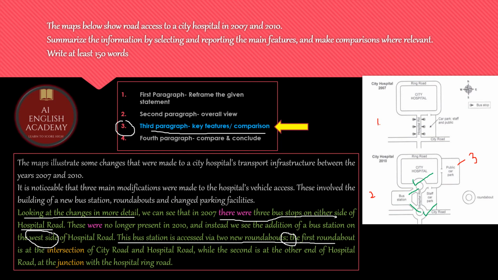And then at the junction with the Hospital Ring Road. So concentrate on this sentence once again. You can notice that in one sentence we have talked about the three roads. We have talked about the City Road, we have talked about the Hospital Road, and then the mention of Ring Road is also there. We have talked about the intersections and roundabouts also.